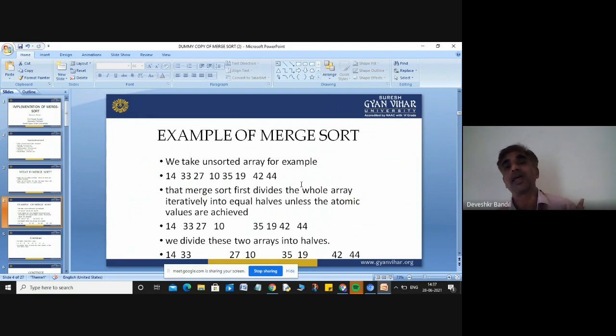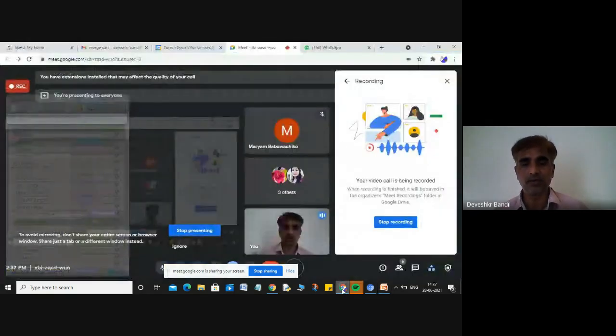If you know the example and the algorithm of merge sort, then when you write the program, you will not face any problem. That's why first of all I will discuss the example of merge sort.